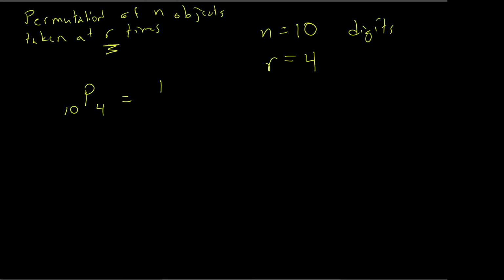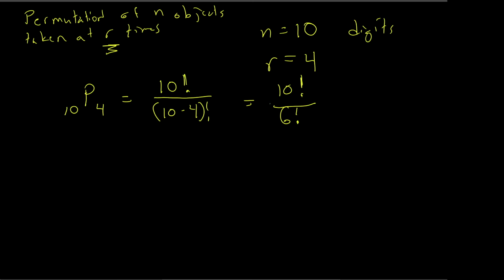And what it's going to be is 10 factorial over 10 minus 4 factorial, which is equal to 10 factorial divided by 6 factorial. Now here's the real trick to this. Everyone wants to run to their calculators because factorials get so big so quickly, right? We did 9 and that was 362,880.